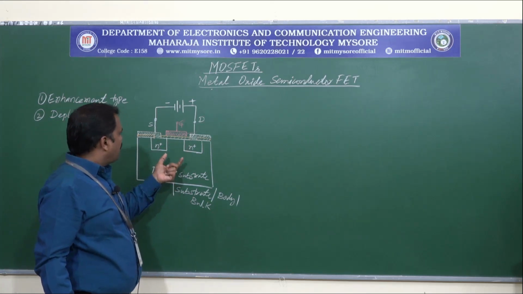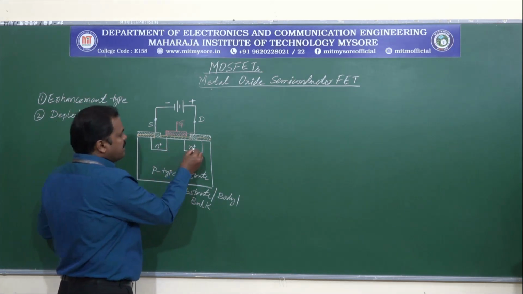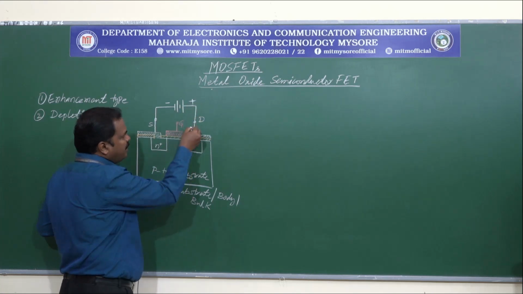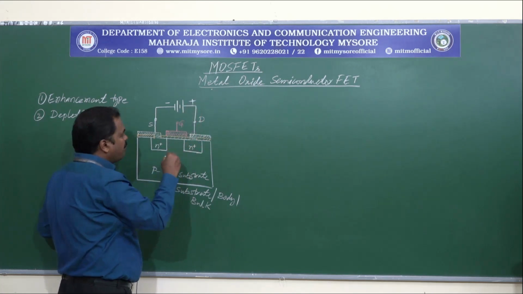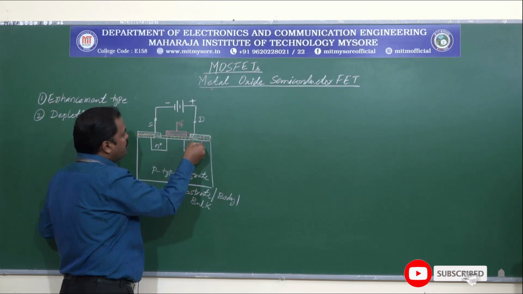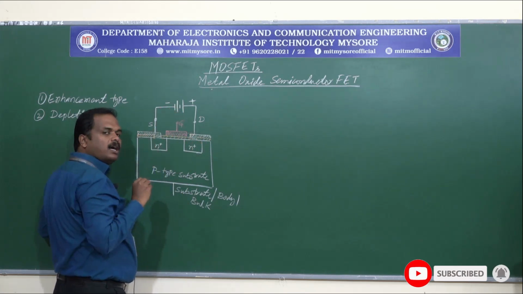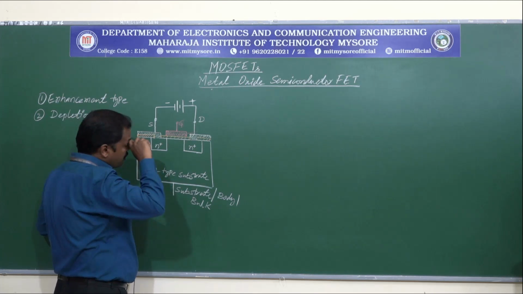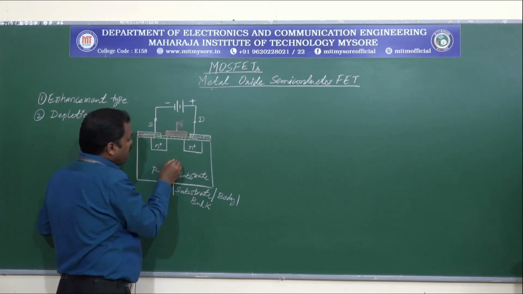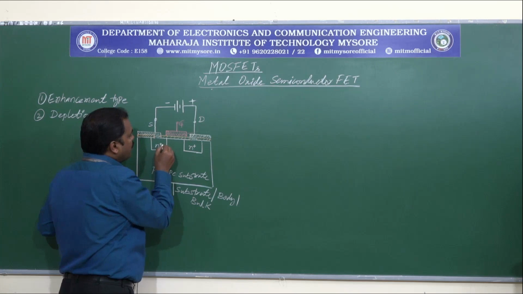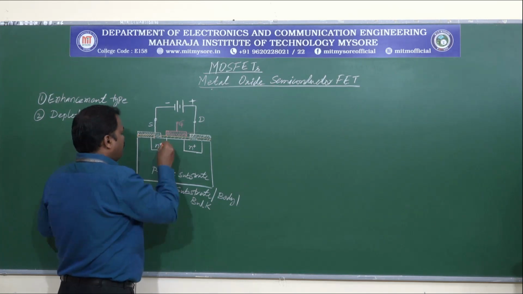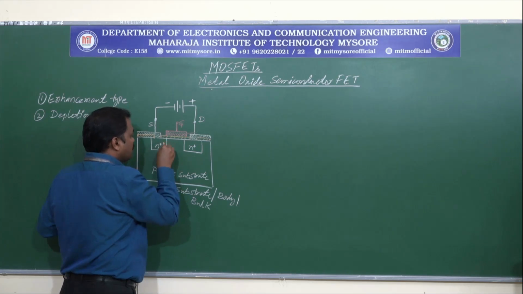Because of this, the N plus region at the drain is getting a positive supply voltage, and the N plus region at the source has a negative supply voltage. Now this is a P region and this is an N region, so this forms a diode here. Let me put it like this.